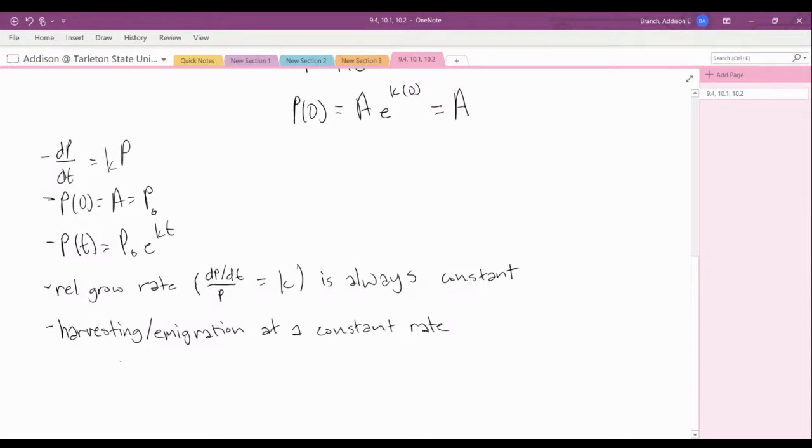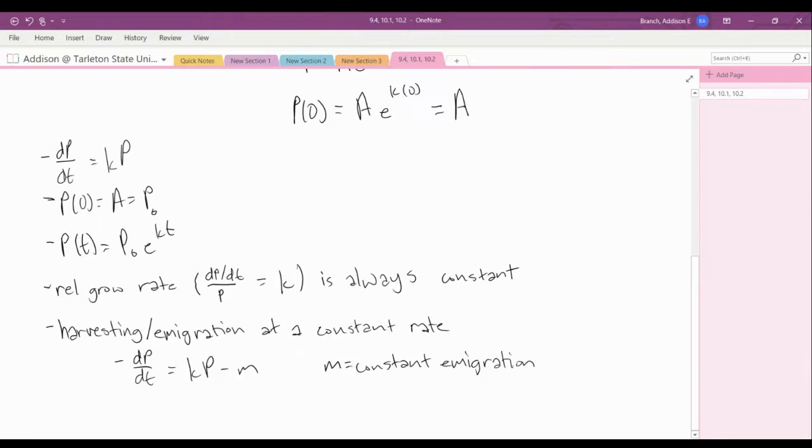then in this scenario we're going to get dP/dt is equal to kP minus m, where m is our constant emigration rate. So essentially, that's how much we are taking out of the pool.